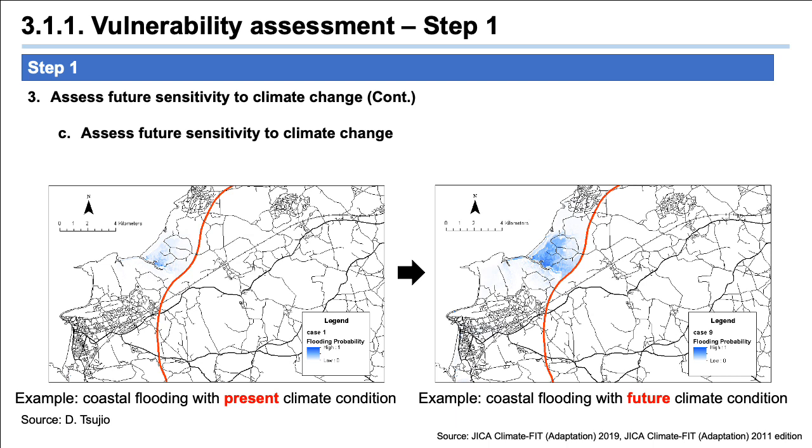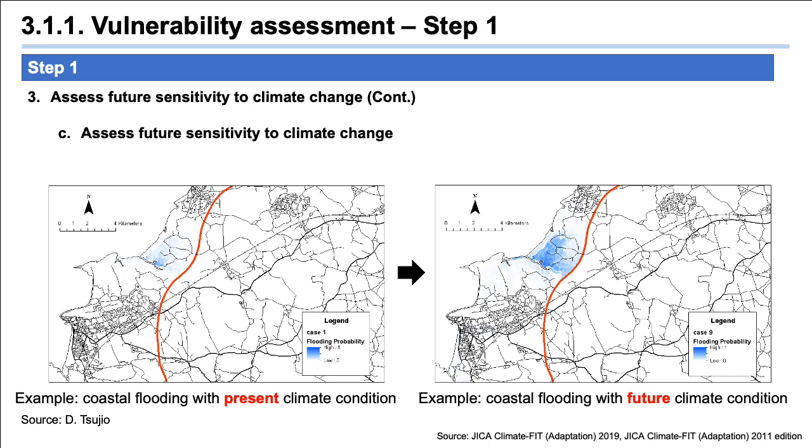And then we have to assess the future sensitivity of coastal area to inundation, coastal erosion, storm surge, and high wave damage based on the relationship between past disaster and oceanographic and meteorological conditions, future climate risk, and marine condition and the condition of facilities with consideration of future socioeconomic change factors.